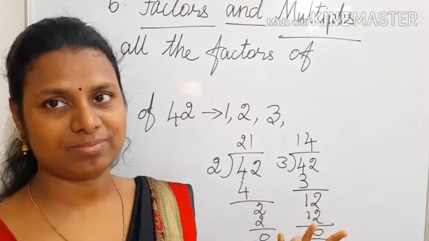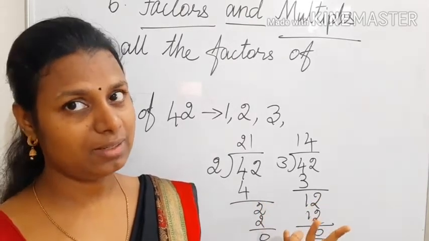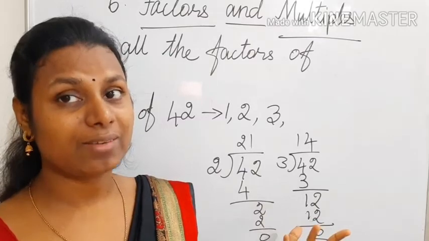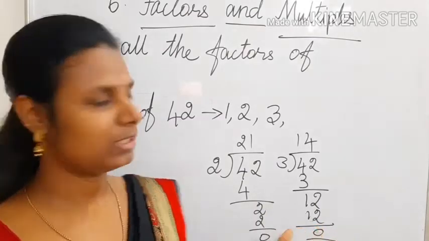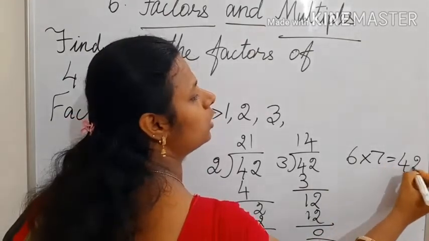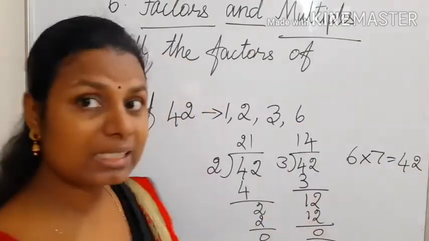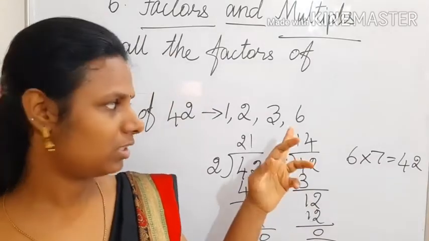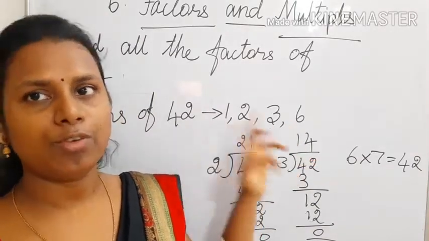Now, 6. 6 sixes are 36. 6 sevens are 42. So, can I take 6 as a factor? So, 6 is a factor of 42.